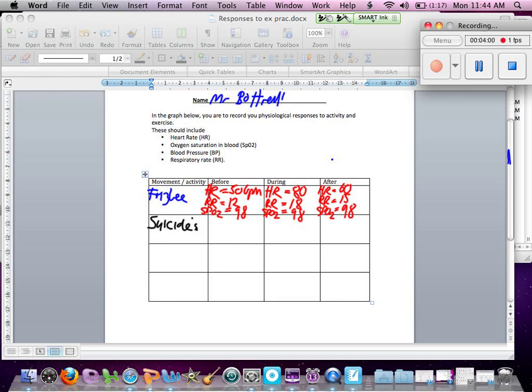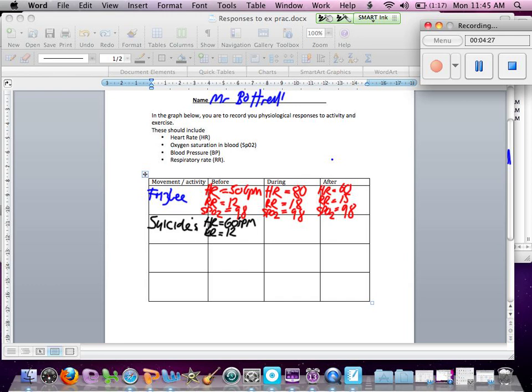But before the activity, when I was just waiting, my heart rate wasn't that high. It might have been 60 beats per minute. My respiratory rate, I haven't done anything, so it's pretty low. And my SpO2 was 98.